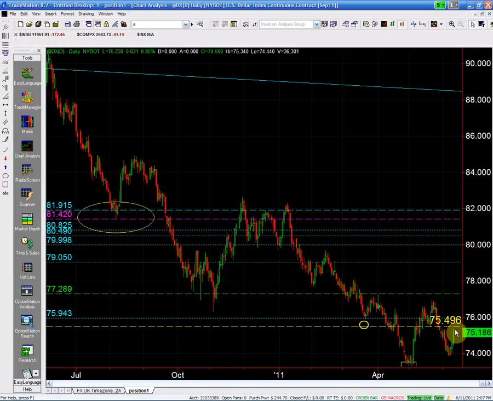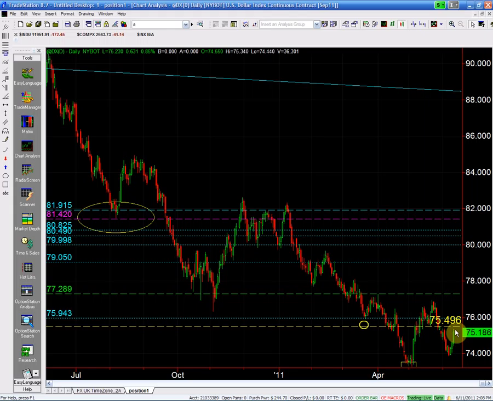Now, if this is the beginning of a short covering rally, then we need to look for confirmations, because nothing trades in a vacuum. There have to be signs that the dollar is beginning to move upwards and that the short covering should continue. What would those signs be?